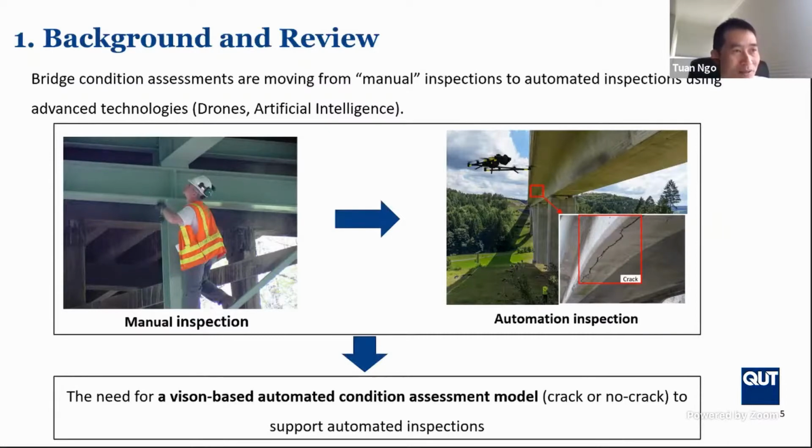Of course, we rely on a camera attached to a drone, and then we can take high resolution images. That also requires automated detection. If we see some crack, how can we detect that in real time or near real time? The advantages are very clear. It allows a low cost solution to detect and report damage, or potential damage.